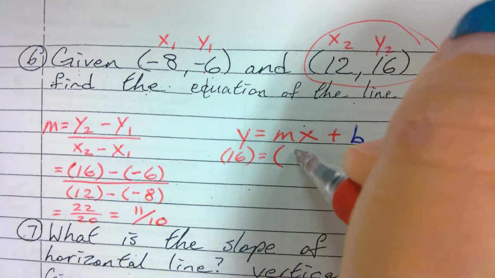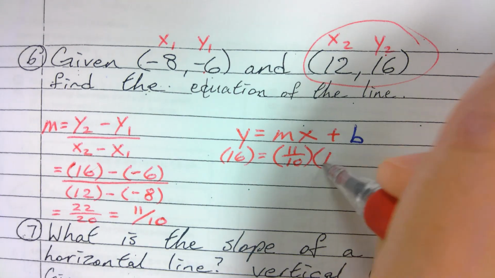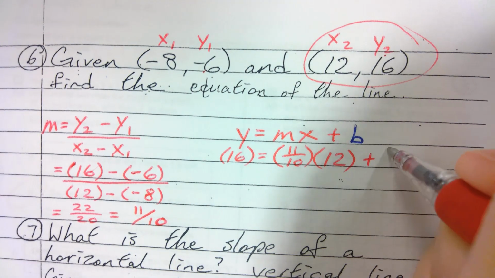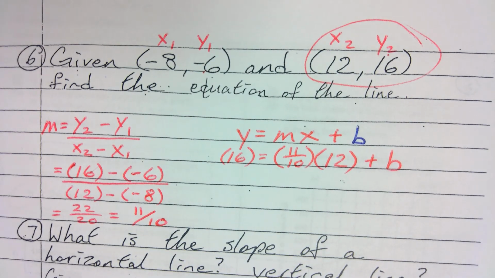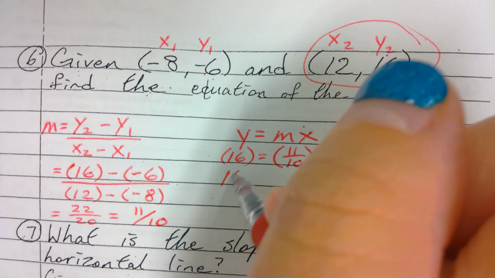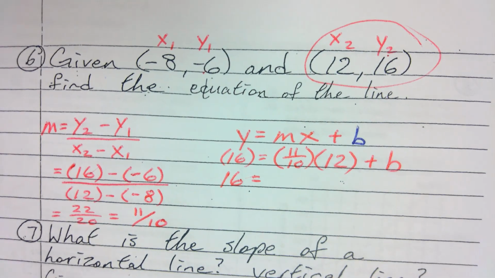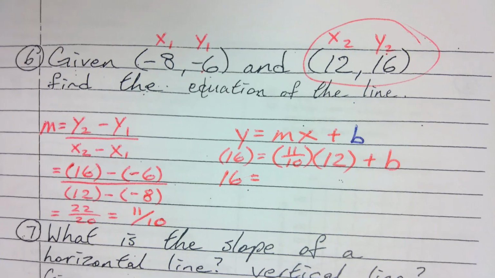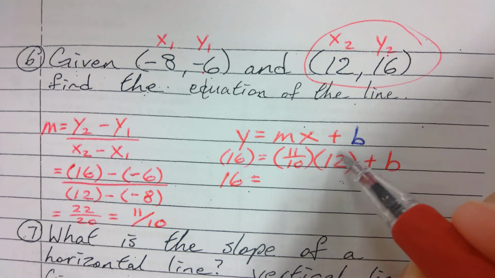Okay, so let's say I choose this one, so 16. M, as we said, was 11 over 10. X is 12. And then I have the plus B, which is what I'm trying to solve. Okay, so 16 equals 11 times 12 divided by 10. Doesn't go in evenly.